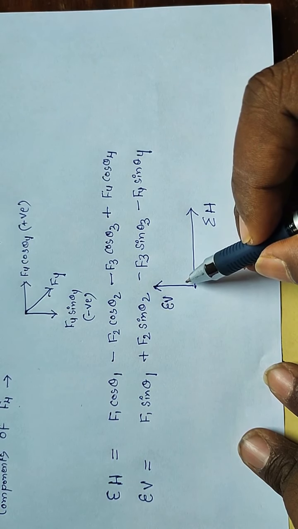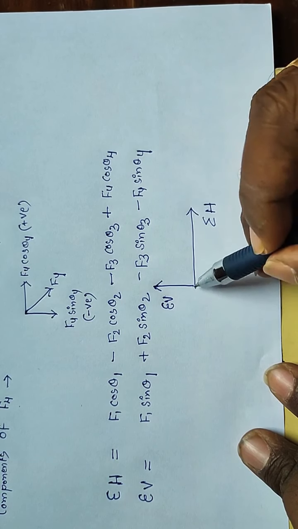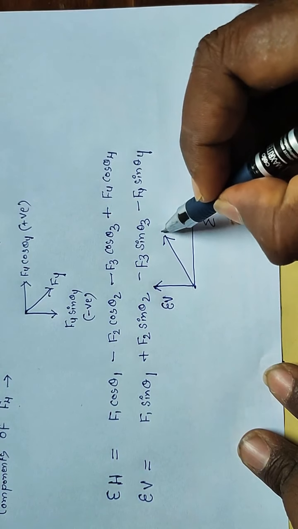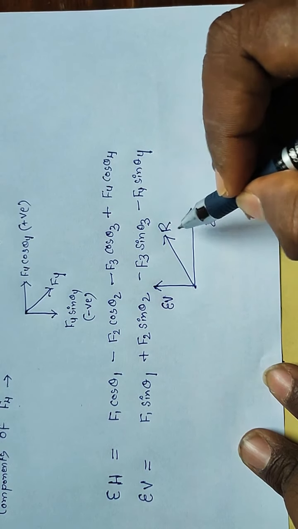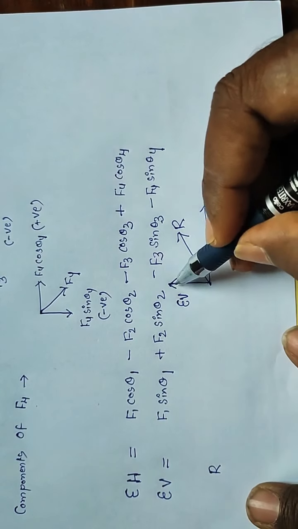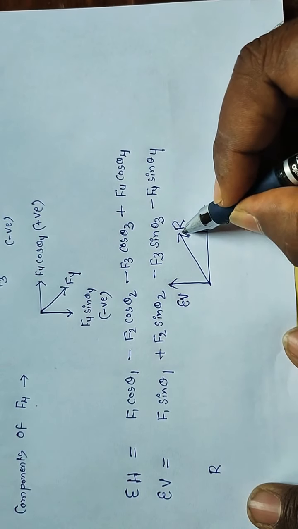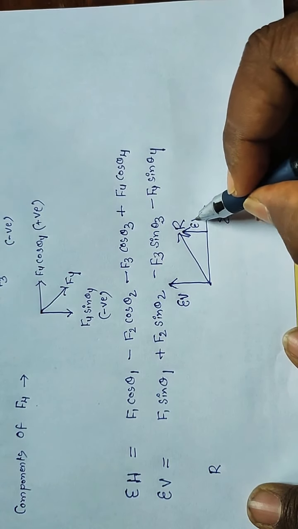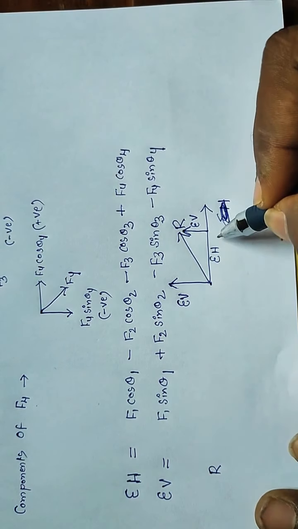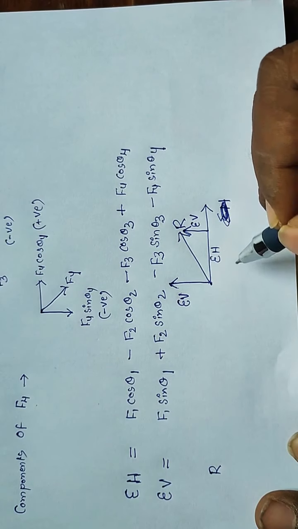The resultant of all the horizontal components and all the vertical components is here. It is R. So we have to find out this R. This is sigma v, and this is sigma h. So it is a right angle triangle, and R is the hypotenuse.